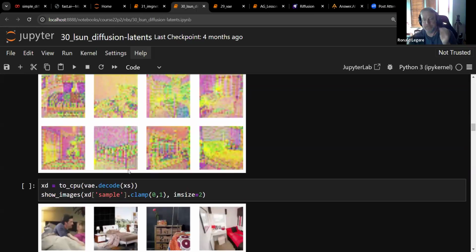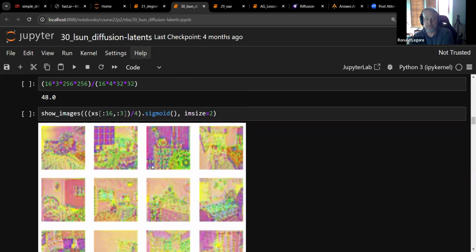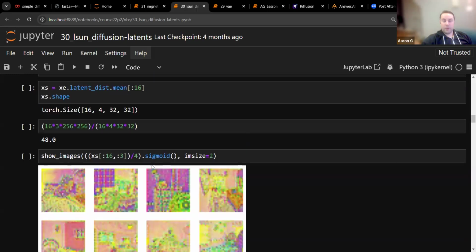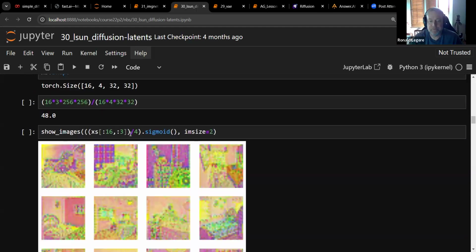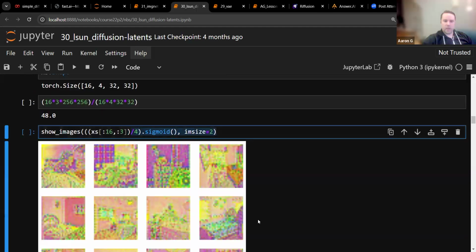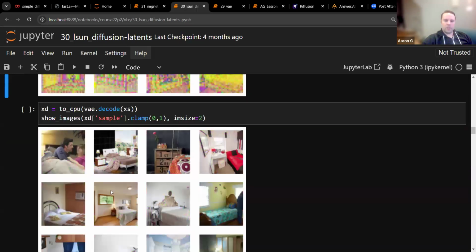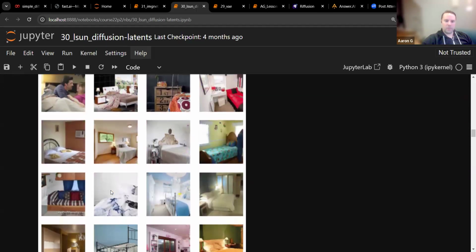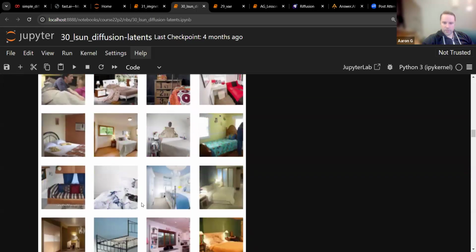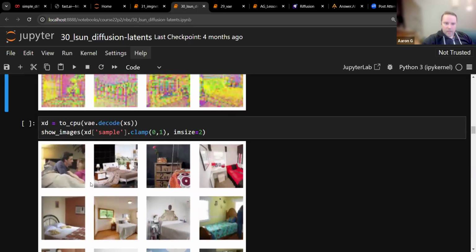And just to be clear, this is a pre-trained model that he just downloaded. We have not tuned it at all. This is just the latent space. Then when we decode those same images from the latent space back to the space we're interested in, this is what we get. And it looks pretty good out of the box.